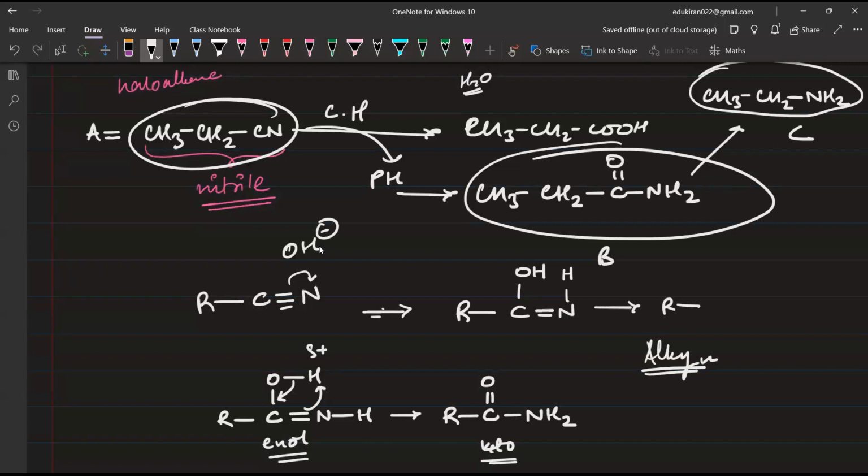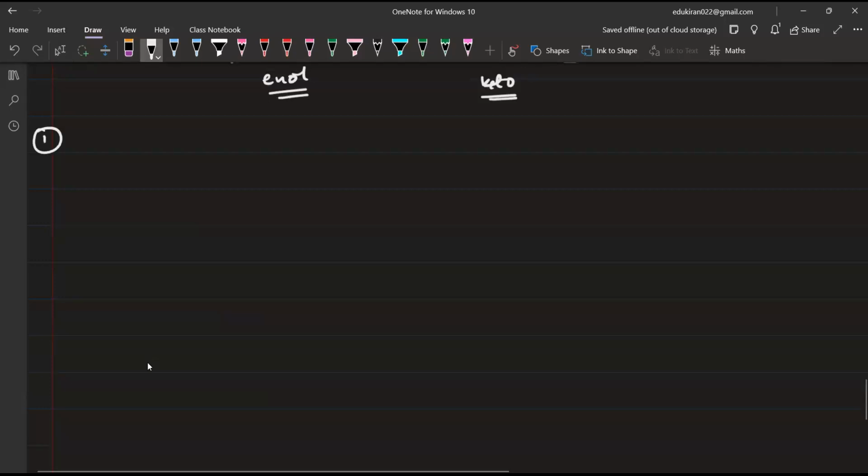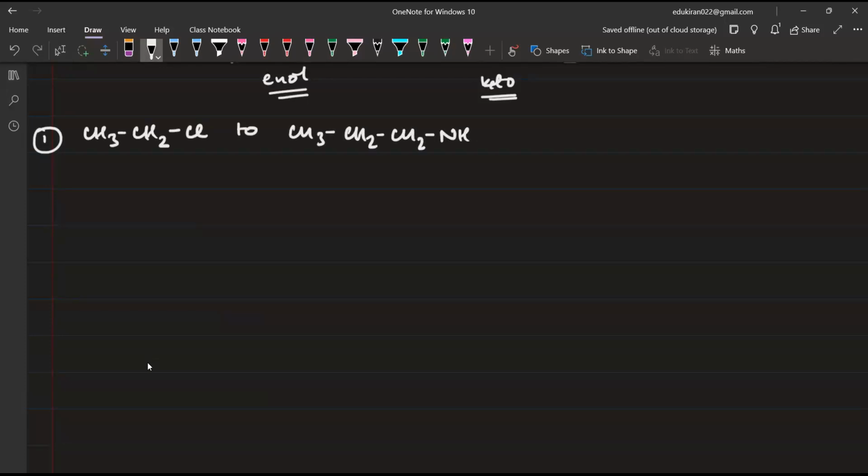Fine. Now see, there are two important conversions that you need to remember. एक है आपके पास, how will you convert CH3 CH2 Cl to CH3 CH2 CH2 NH2.